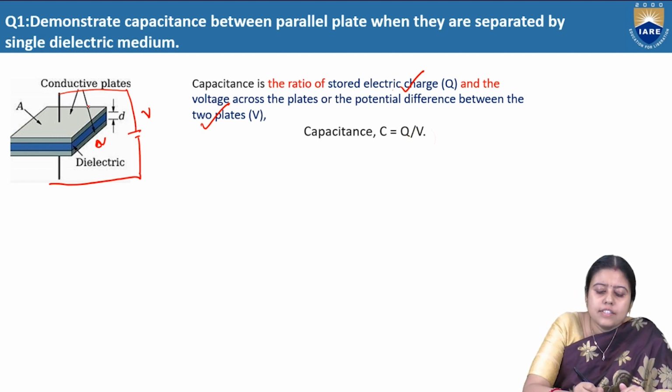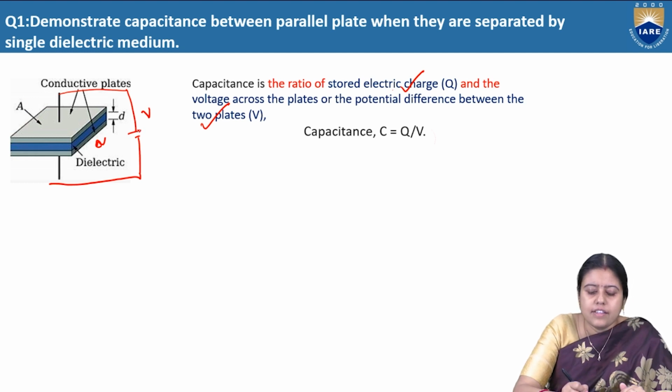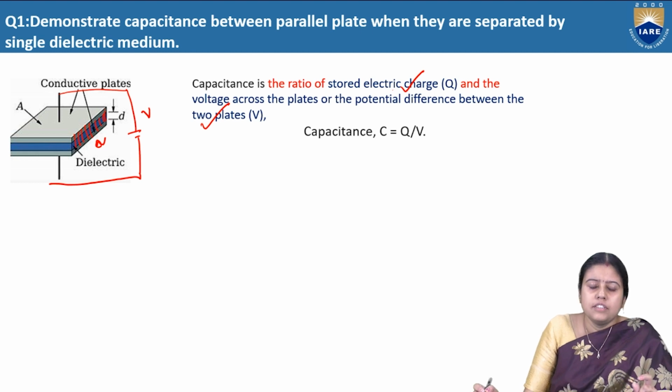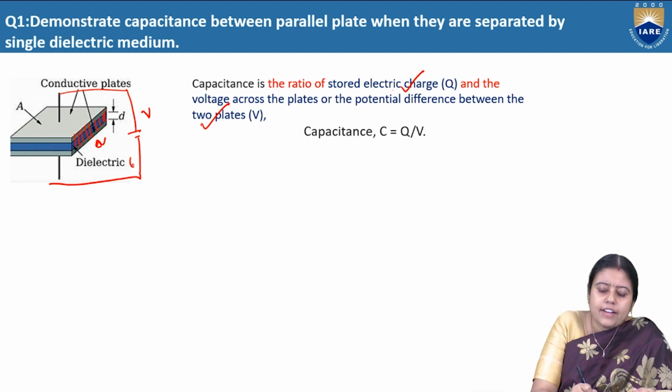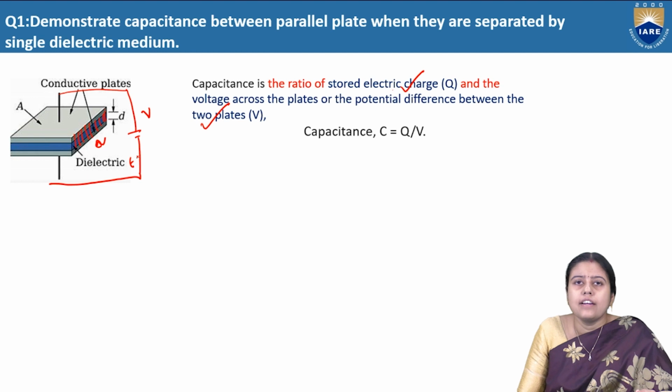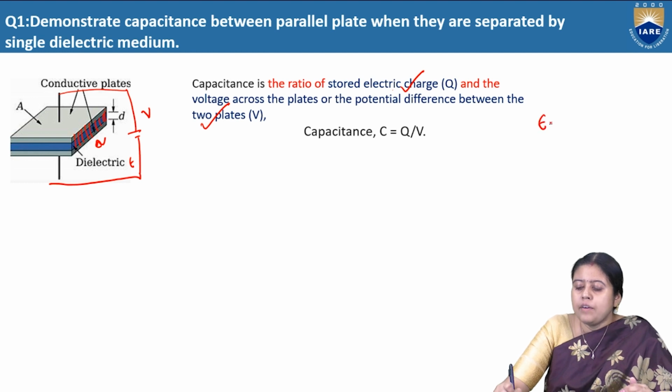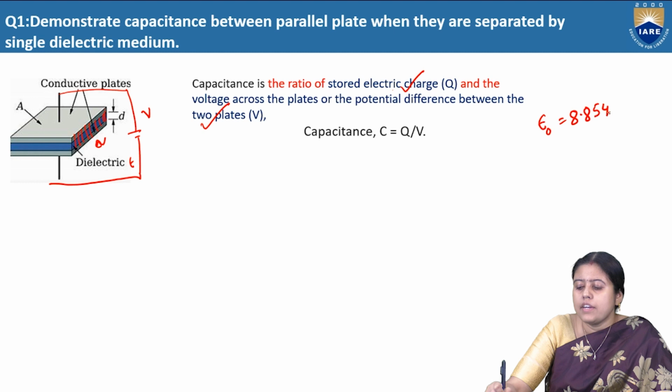Now you can see this is a parallel plate capacitor whose cross-sectional area is A, and the distance between these two parallel plates, where there is a dielectric medium, is d, and the permittivity we are taking as epsilon. For free space, we take the permittivity as epsilon naught, and its value is 8.854 into 10 to the power minus 12.